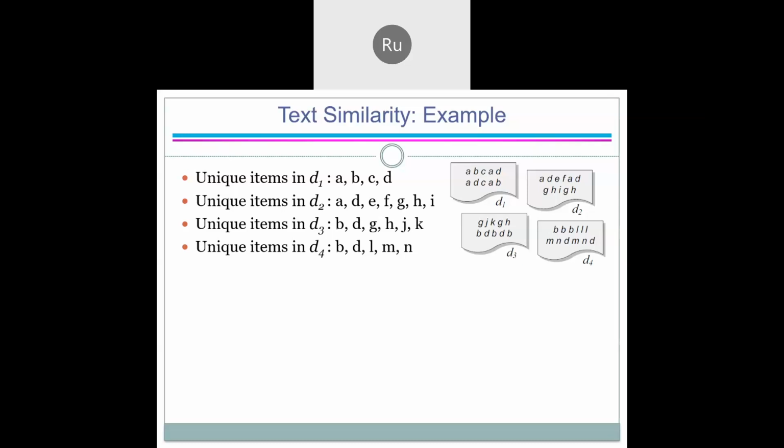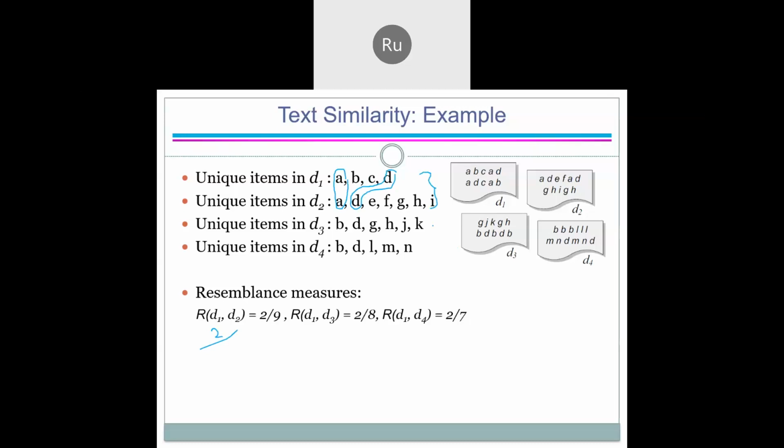So when we look at the resemblance measure for document 1 and document 2, we are looking at the similar symbols first, which is 2, and when we join them, the union, we have 1, 2, 3, 4, 5, 6, 7, 8, 9, so 9. So that's how we get this one.